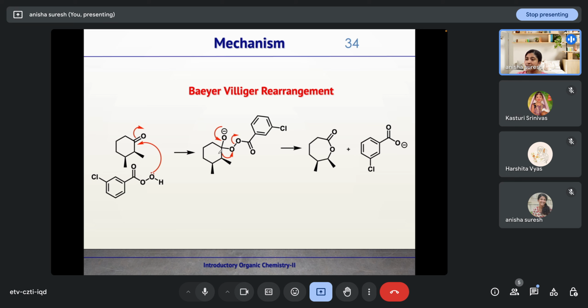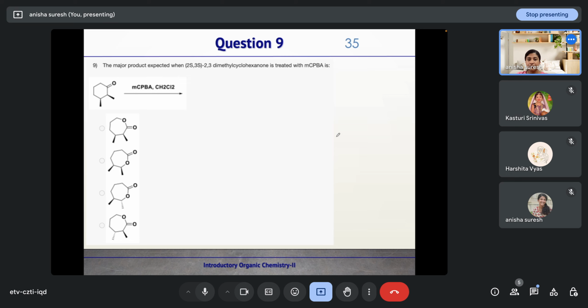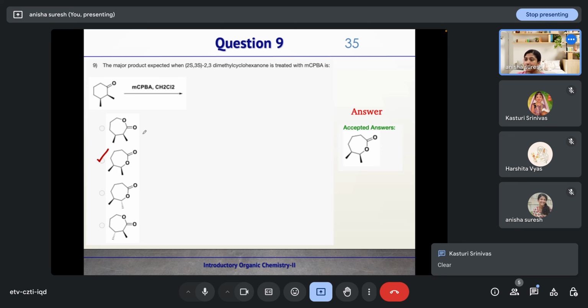So the secondary will be more favored for migration compared to the primary, so we are getting this as a major product. So here option B is the right answer. Clear?